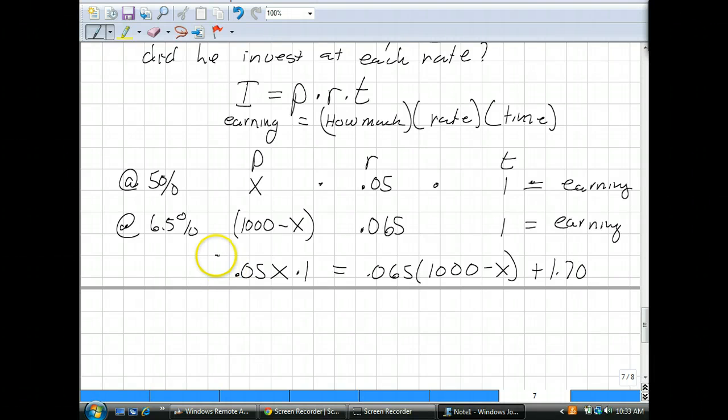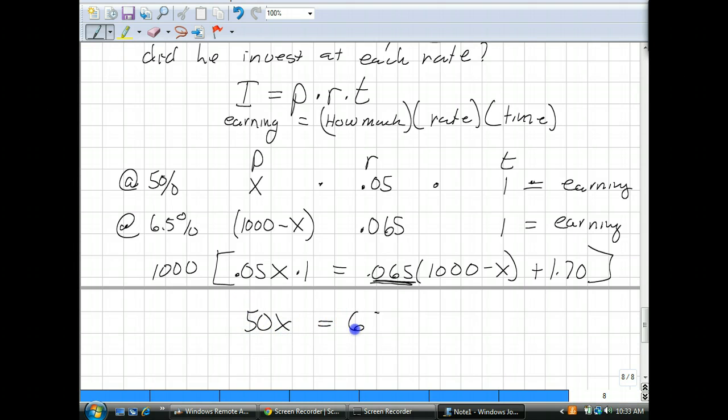So we have our equation, so we're going to multiply, in this case by 1,000 because we have 3 decimal places right here. So we need to get rid of all those 3 decimal places. So this is going to be, if I distribute, 50x is equal to 65 times 1,000 minus x plus, and I'm going to move this 3 places, so 1,700.